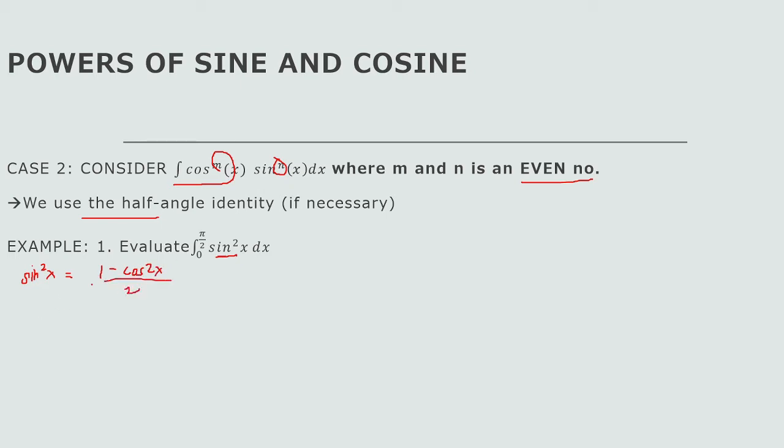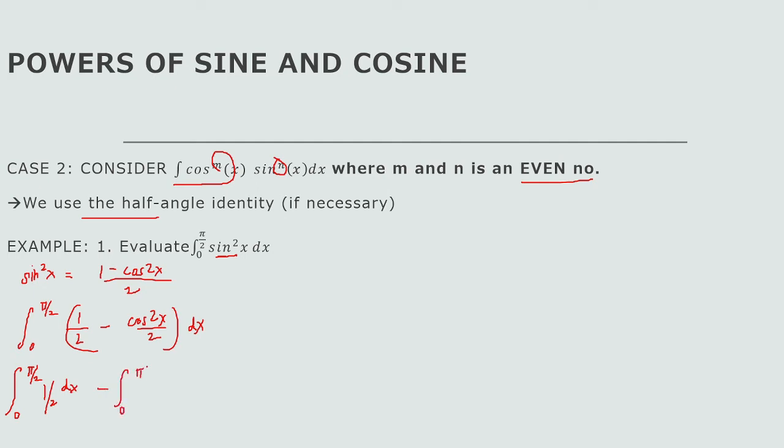So if you're going to rewrite this one, that's the integral from 0 to pi over 2 of 1/2 minus cosine 2x over 2 dx.